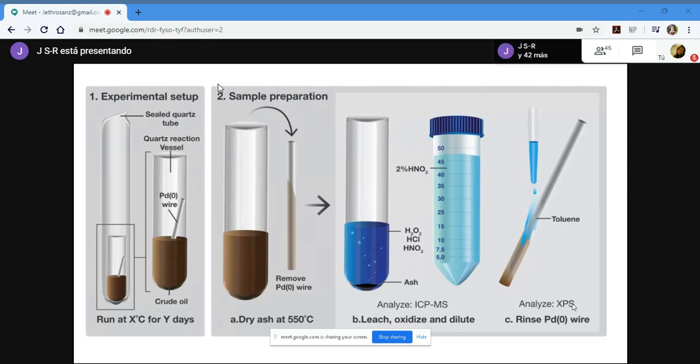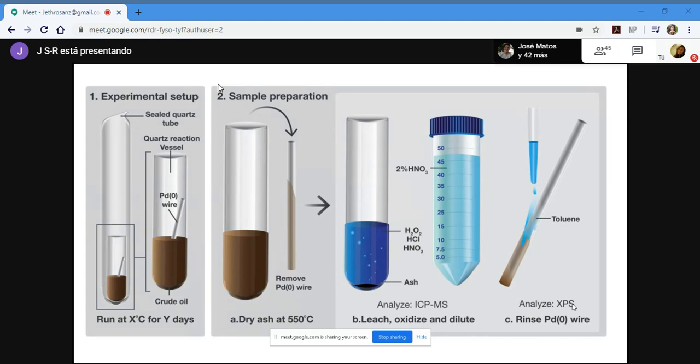After the reaction, we would open the tube, remove the metal wire. Then the oil was ashed inside of a furnace at 550 degrees Celsius for 24 hours. After the ashing, there's a small char that remains at the bottom of the tube.